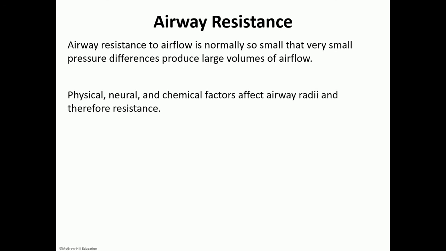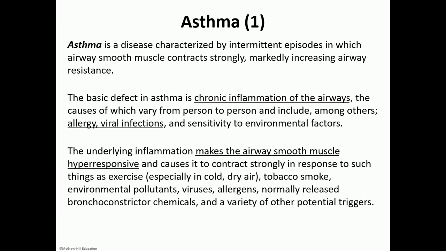But the respiratory ones, we can actually change the radius of these different zones. There are different factors: physical factors, like cold or hot weather, for instance, neurological factors, so parasympathetic and sympathetic, and different chemical factors that can affect the radii of these airways.